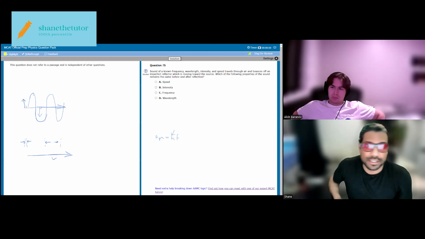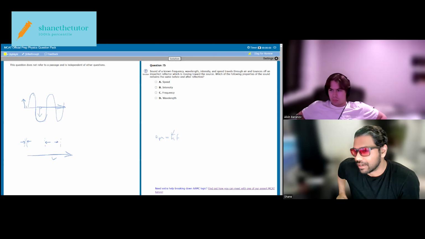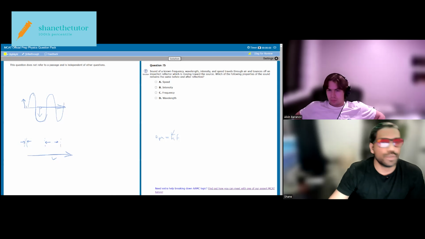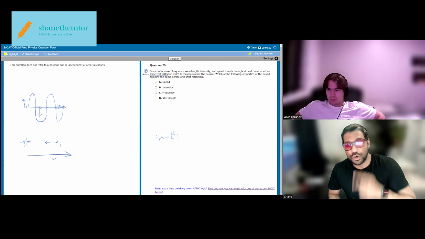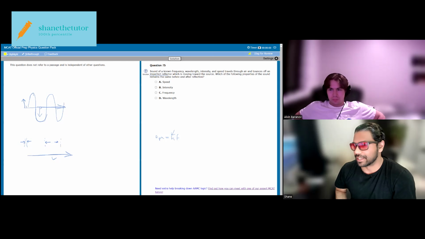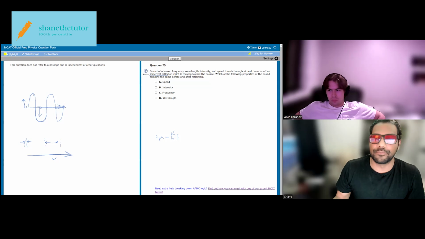But this is reflection, right? Which means that it's not entering into that medium. Now, they do say it's an imperfect reflector. So what that would mean is it's not 100% reflected, which means that some percent of it is absorbed, right?